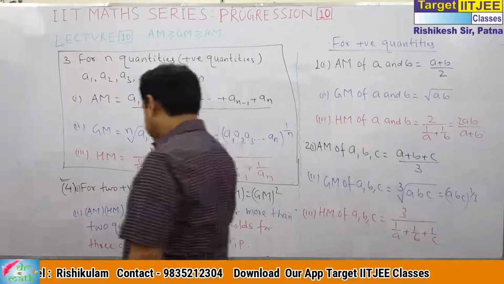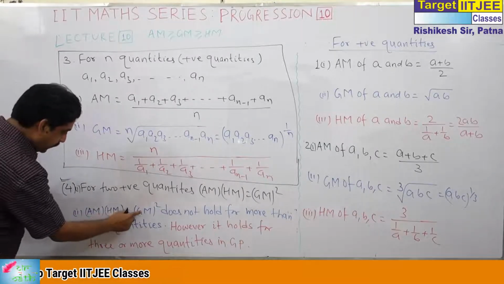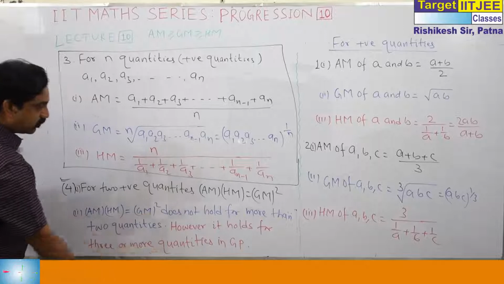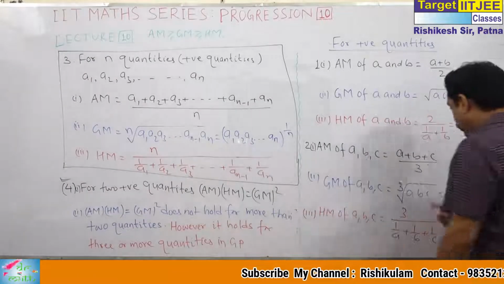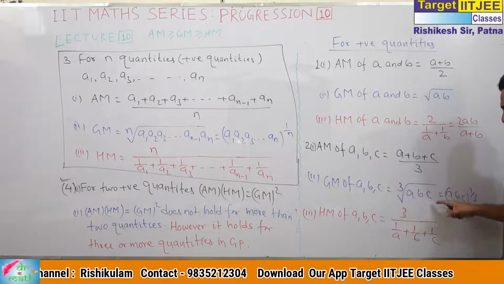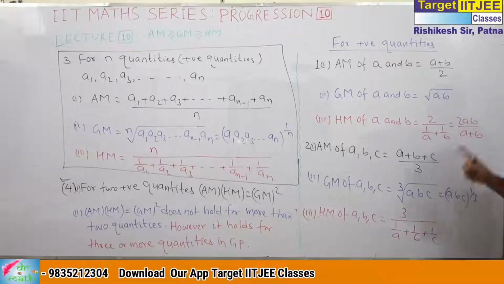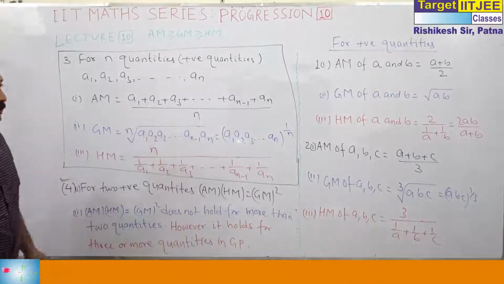AM into HM equals GM squared does not hold for more than 2 quantities. This is important. If you multiply these, you cannot get a square or cube of the geometric mean. However, it holds for 3 or more quantities in GP.